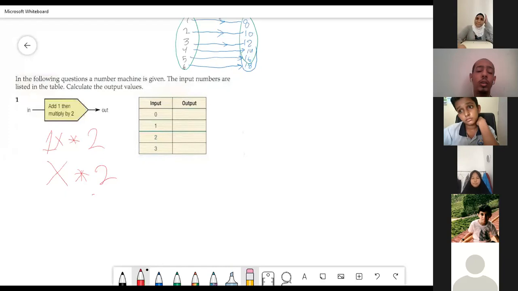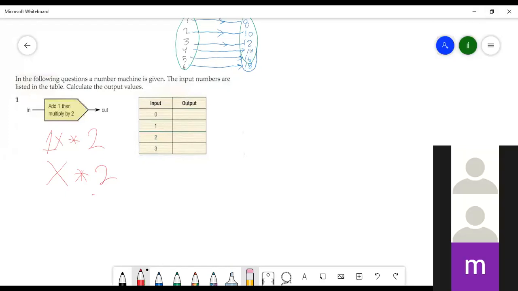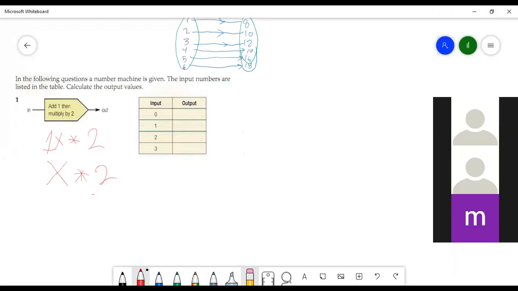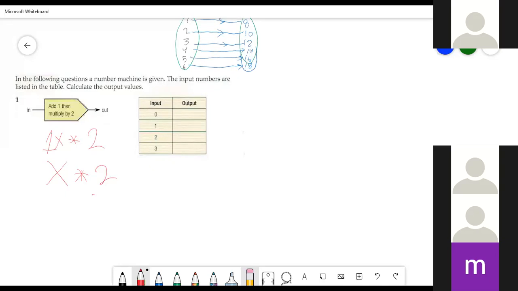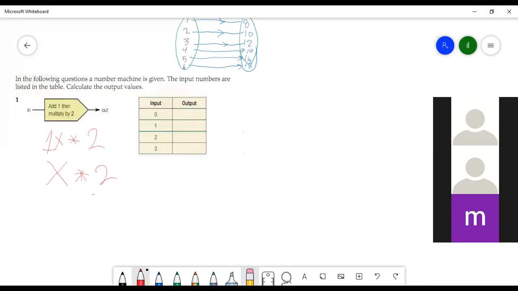I didn't understand the question. The question says, calculate the outputs. Who is this? Abdullah? No, I'm Isa. Who didn't understand? Aisha is not here today. No, teacher, I'm here. I'm confused with some of the names. Yahya, which name are you joined with?